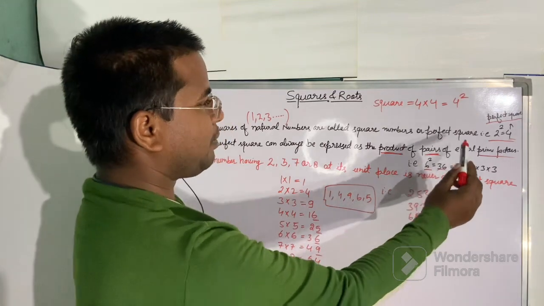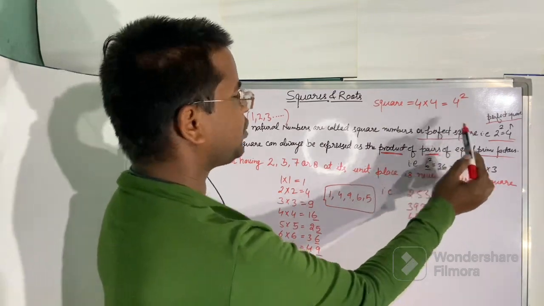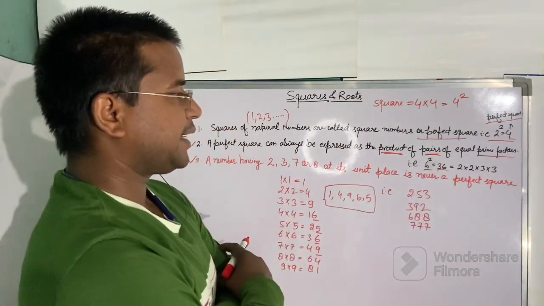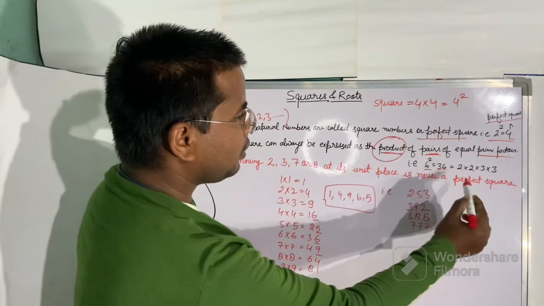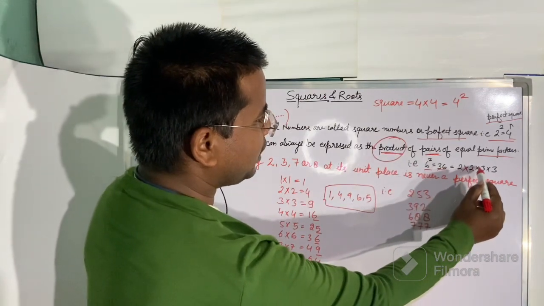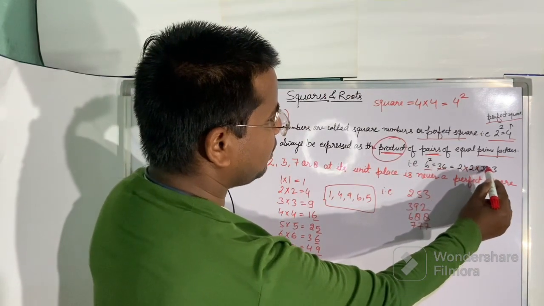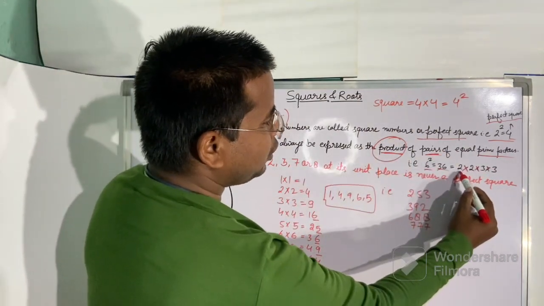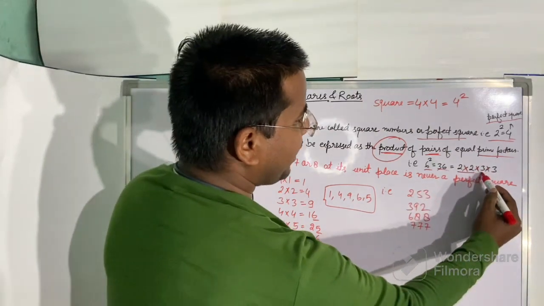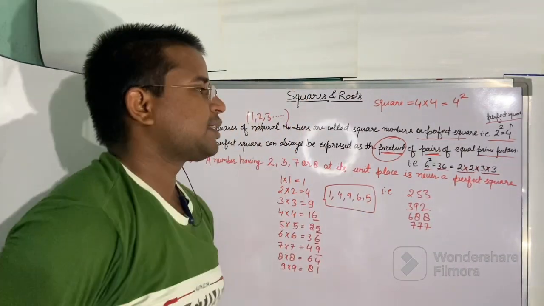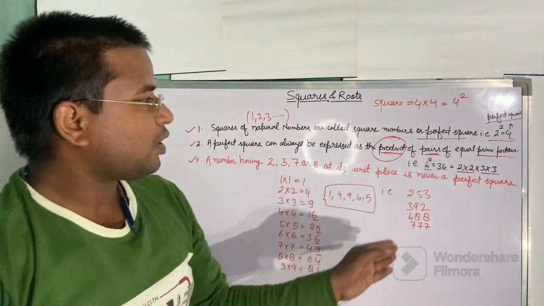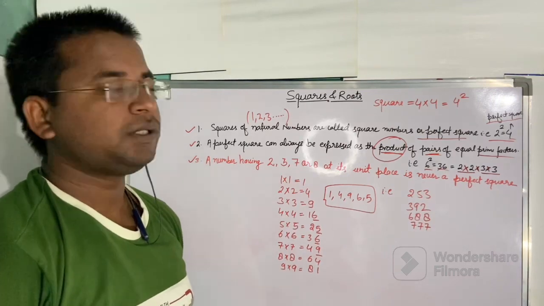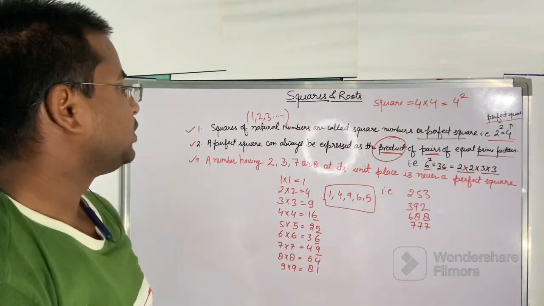So 36 is a perfect square according to our first rule. Then 36 can be written as the product of 2 multiplied by 2 multiplied by 3 multiplied by 3, that is, one pair of 2 and one pair of 3. So 36 can be written as a product of pairs of prime numbers. So 36 is called a perfect square.